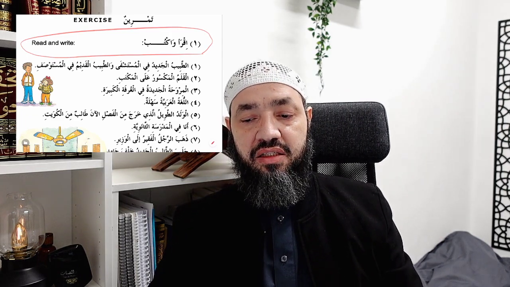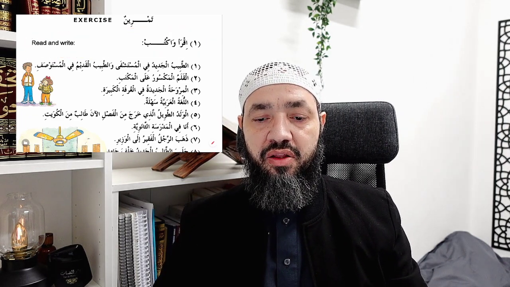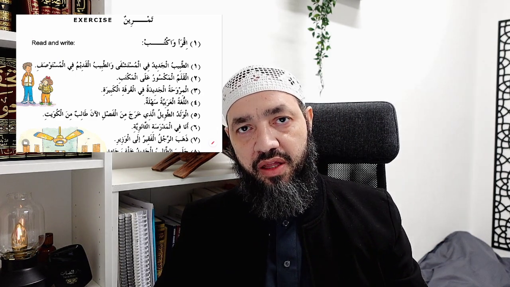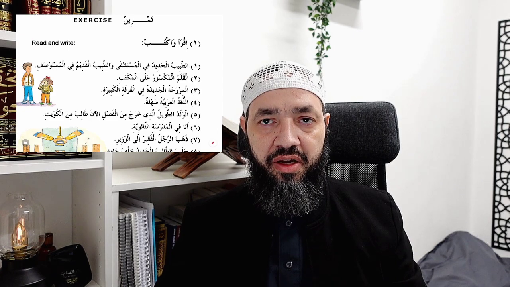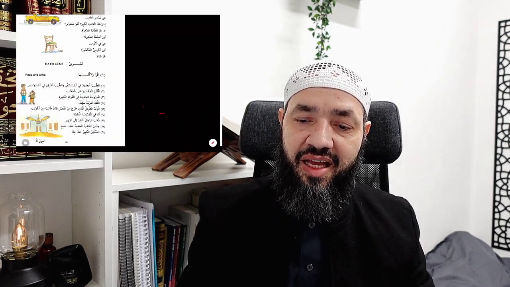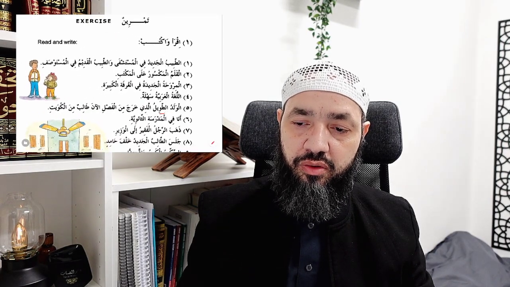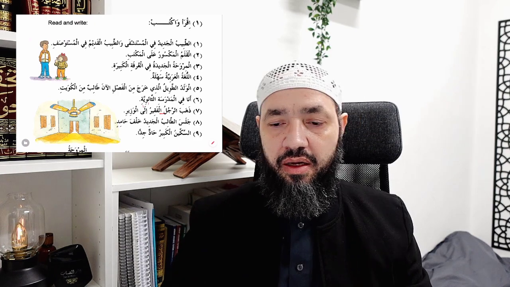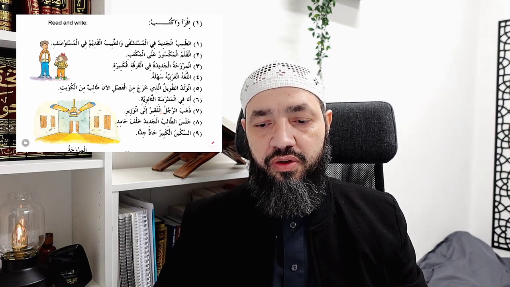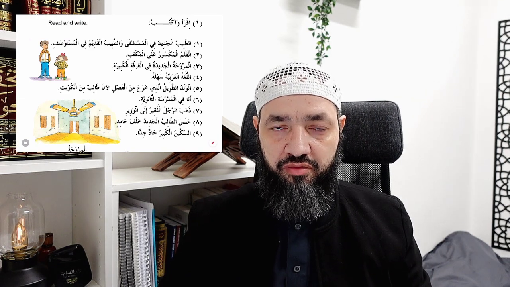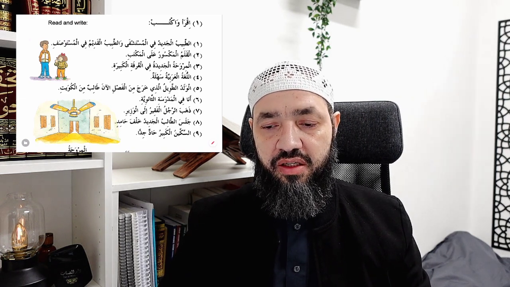Read these sentences, write the sentences from self-dictation, then once you've got them, translate them into English, and from English translate them back into Arabic. And there's 10 sentences in total. Inshallah, we'll read them out. Then you're going to, inshallah, do this exercise as part of your homework to improve your writing as well as your reading practice.